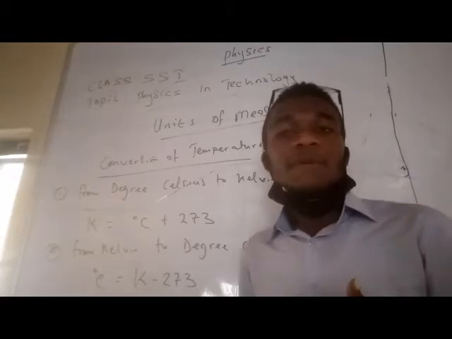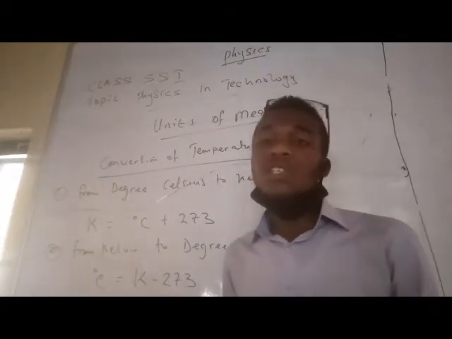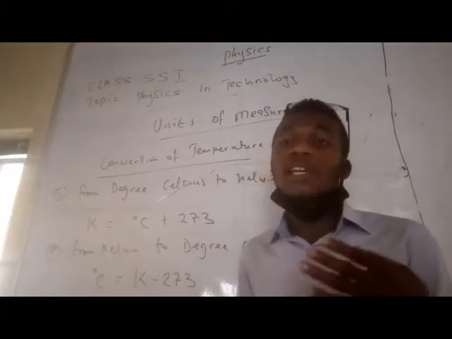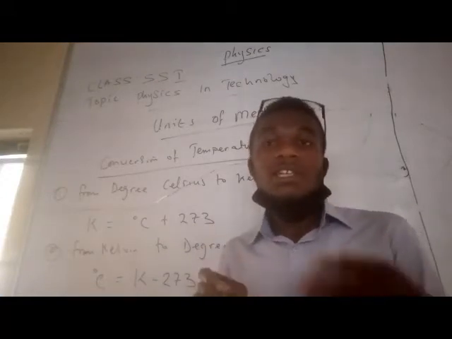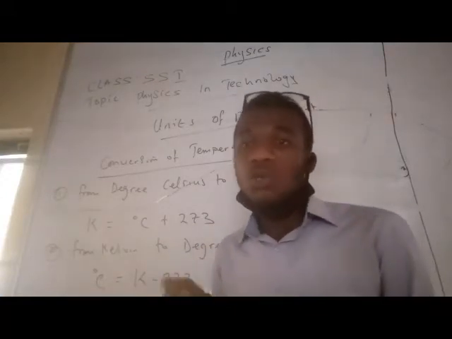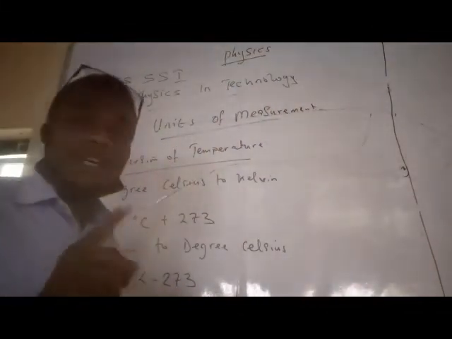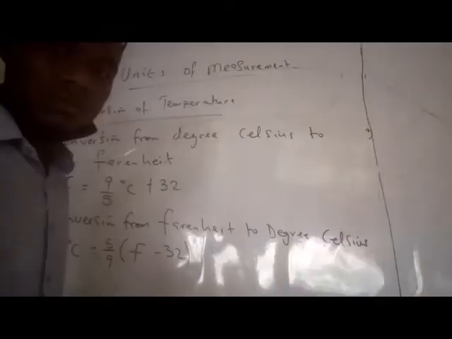Now, if you're given that temperature in Kelvin and they ask you to convert it back to degrees Celsius, you take away 273 from 283 Kelvin. What will be left is what? 10 degrees Celsius. Those are the two formulas used for conversion between degrees Celsius and Kelvin.